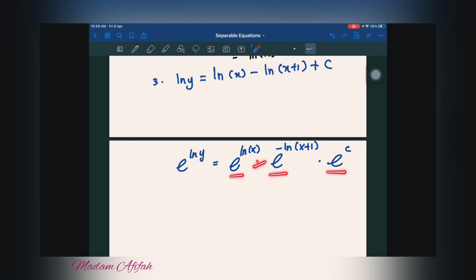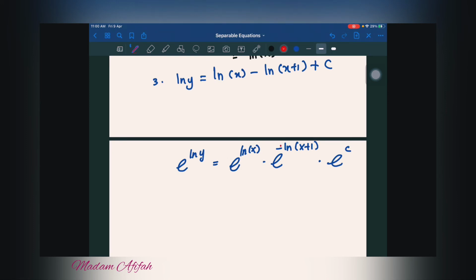Remember, this is multiplication, so we add the powers. But before you can cancel e and ln, you have to make sure there is no symbol or value in front of the ln.